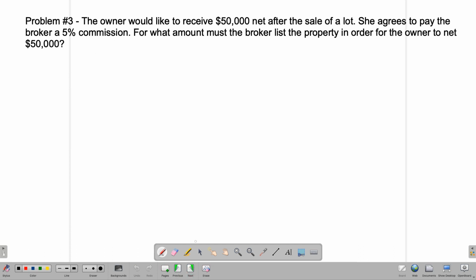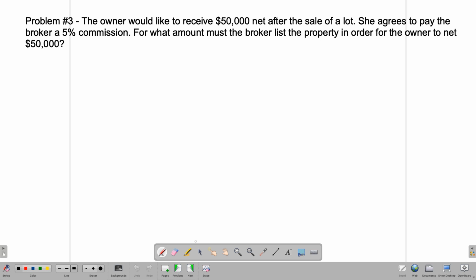All right, so problem number 3. It says the owner would like to receive $50,000 net after the sale of a lot. She agrees to pay the broker a 5% commission. For what amount must the broker list the property in order for the owner to net $50,000? So the key to this is that the owner wants to put the property for sale.